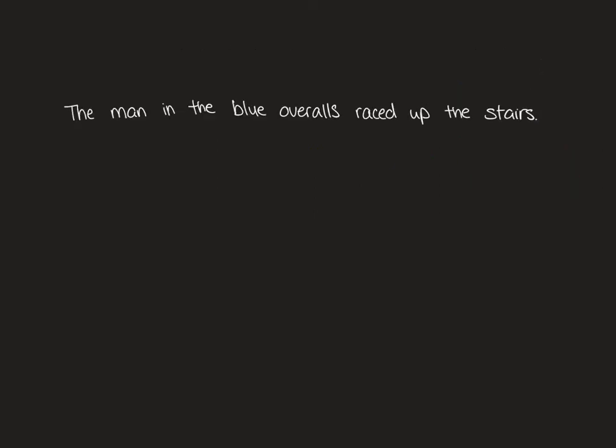If we look at our next sentence, the man in the blue overalls raced up the stairs. We actually have two prepositional phrases. We have the man in the blue overalls and he raced up the stairs. So our two prepositional phrases will be in, and we're going to go to the next noun, in the blue overalls, because that is what he is in.